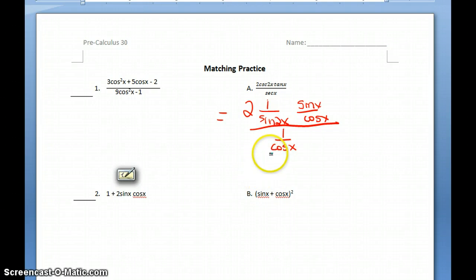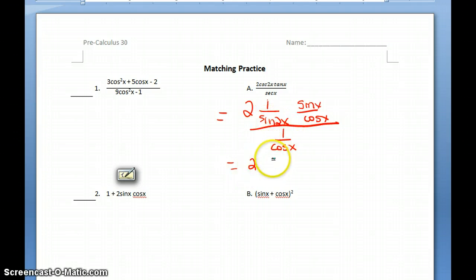One thing that is super important: this sine of x will not cancel with the sine 2x. The only way that could happen is if this was sine squared x, but this is sine 2x, so we need to rewrite it using that identity. So we have 2, and we know what sine of 2x is.